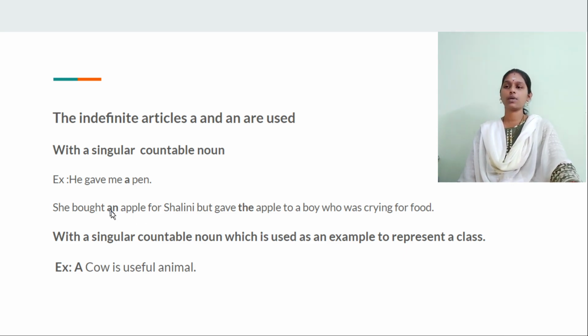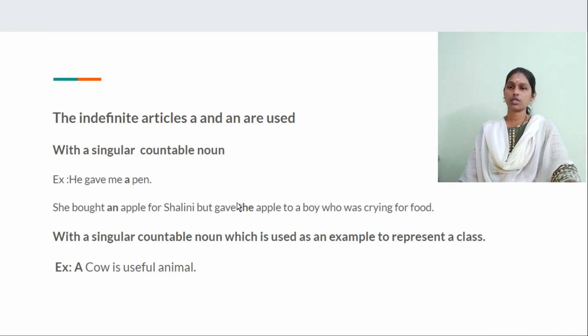She bought an apple for Shalini but gave the apple to a boy who was crying for food. Here we used an before apple, but then we used the, because we are talking about the apple that we referred to earlier.